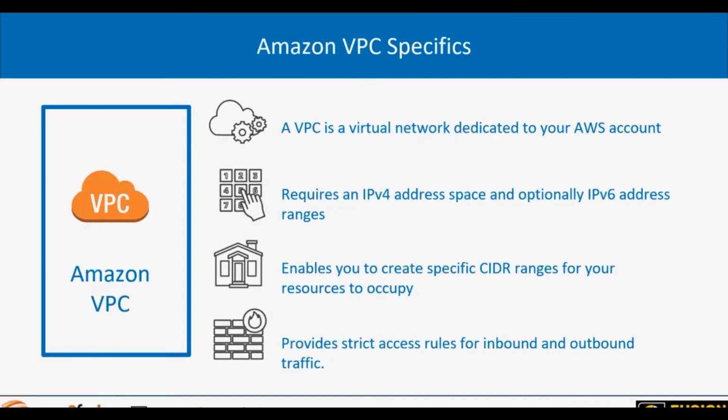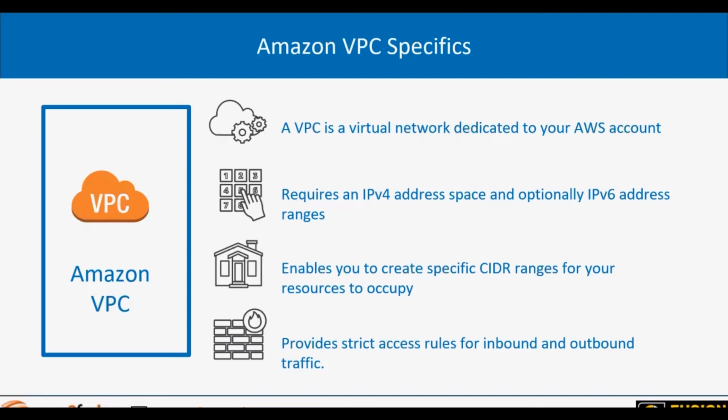It requires IP version 4 and IP version 6 ranges. It enables you to create a specific CIDR range for your resources to occupy. And VPC provides strict access rules for inbound and outbound traffic. After building the compound on your land, you will appoint someone, a security guard or watchman, right?